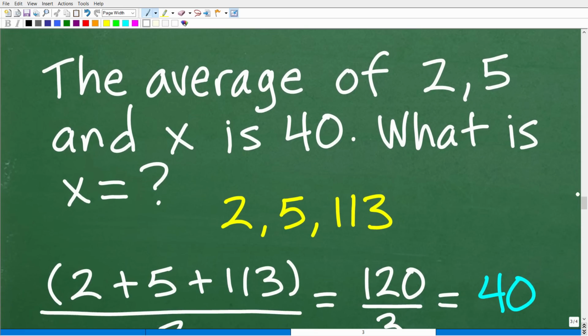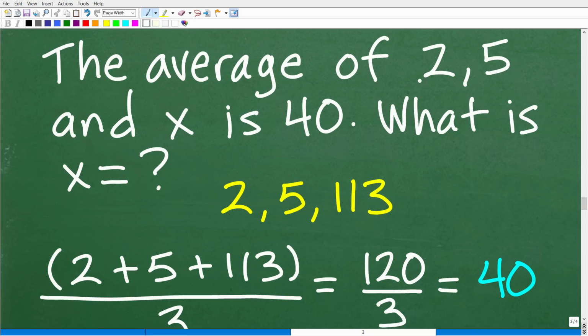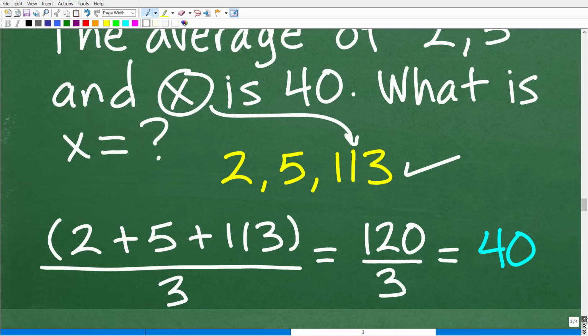Okay, so here is the original problem here. So the average of 2, 5, and x, well, if x is 113, we're going to be saying the average of 2, 5, and 113 is 40. Okay, well, let's go ahead and check that. 2, 5, and 113. We'll find the average, so 2 plus 5 plus 113 divided by 3, right? Well, 2 and 5 and 113 is 120. 120 divided by 3 is indeed 40.